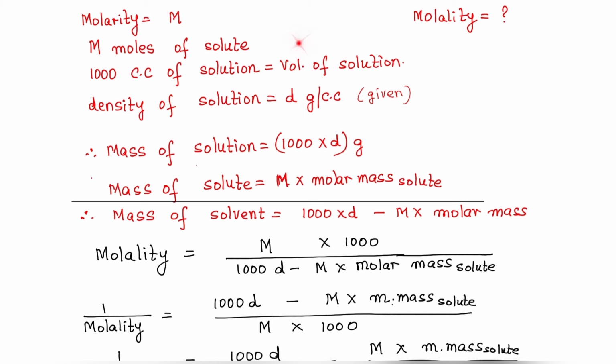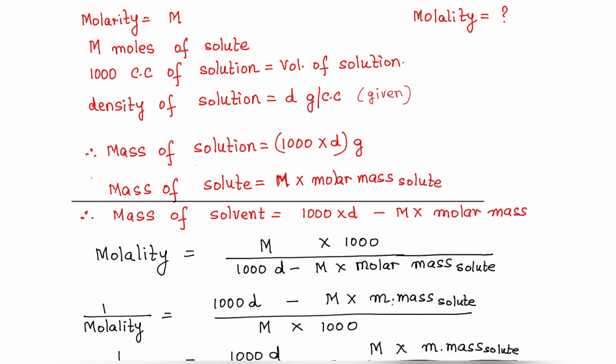So volume into density gives you, yes, absolutely, the mass. So we get over here the mass of the solution is the volume of the solution, which is 1000 cc, multiplied by the density, which is d, and we get the mass of the solution in grams. Now I need to determine the mass of the solvent.